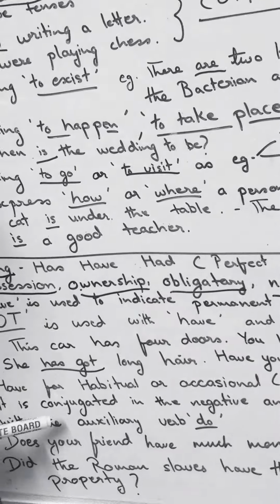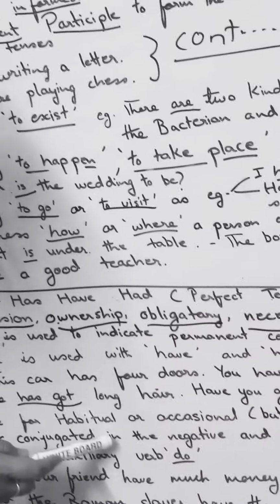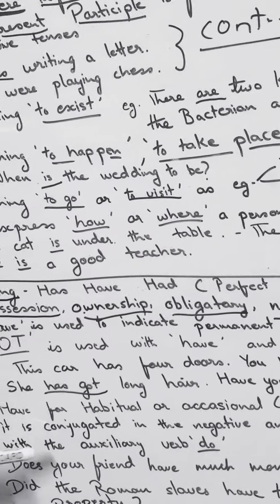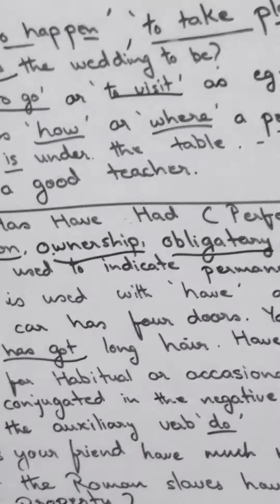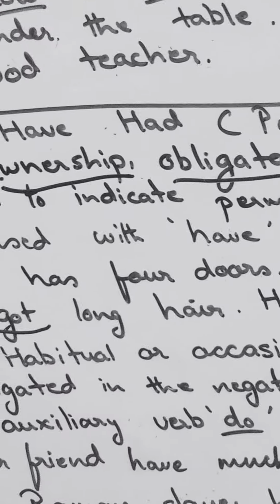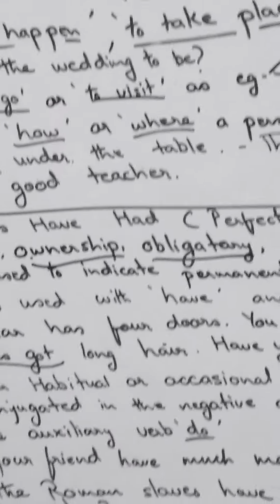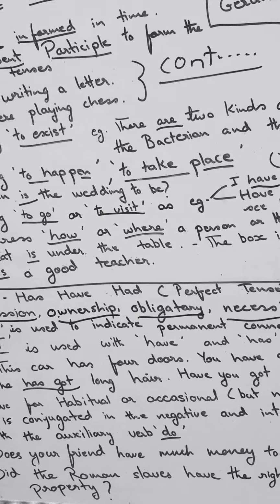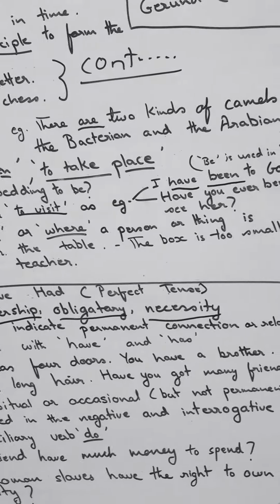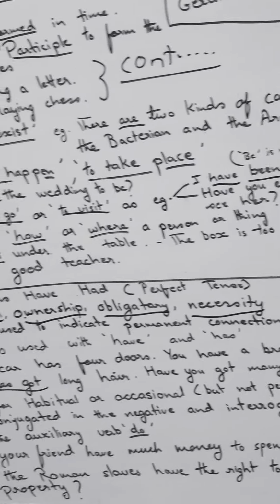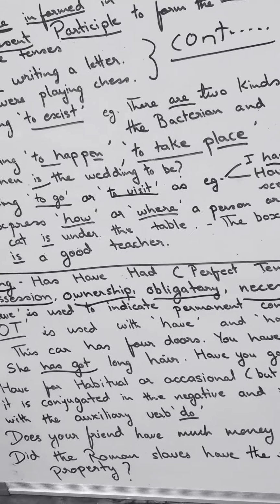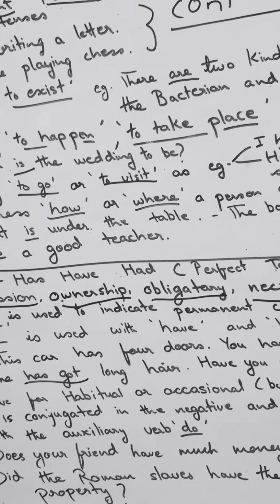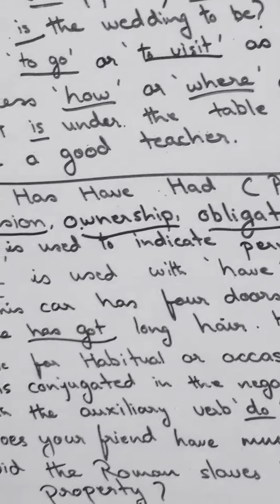It is conjugated in the negative or interrogative way with the auxiliary verb do. When have comes with the doing verbs, that is do, does, did, then they are transforming to interrogation, that is asking a question, or they are forming a negative sentence.